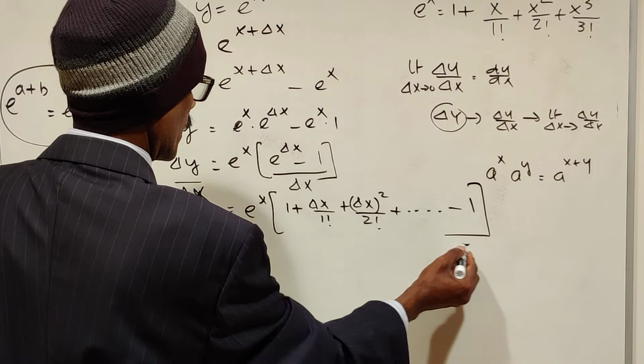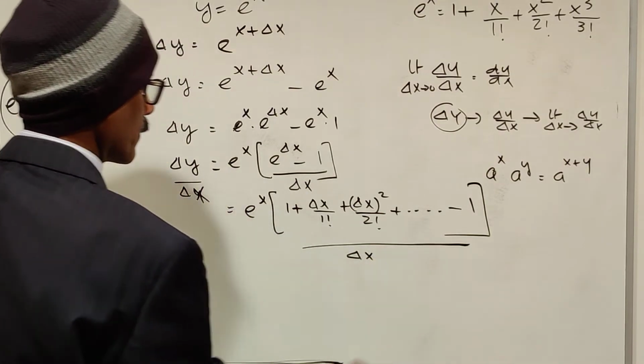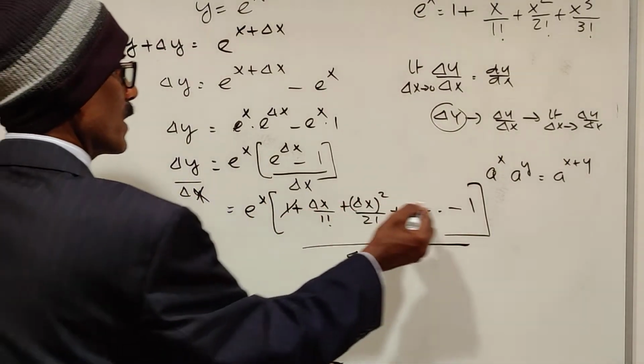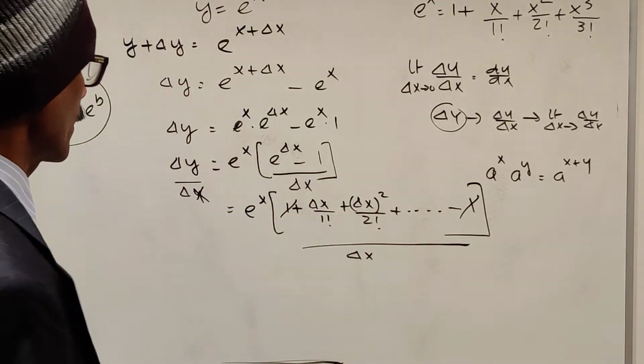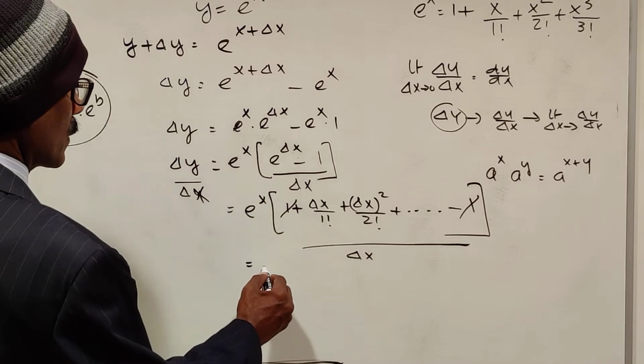Close the bracket, divided by delta x. See, 1 minus 1 cancel out. Okay, e raised to x.